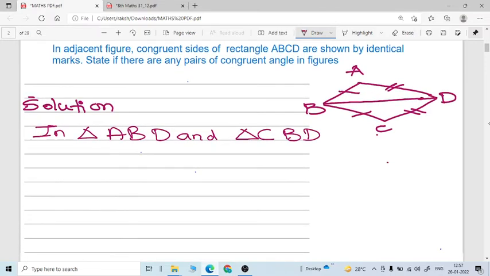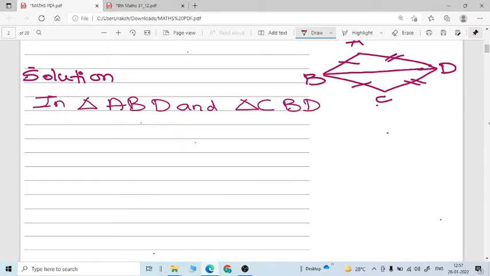Write in the chat section which side is common. Yes, side AB and AB. Side BC is common because they are given the same length.